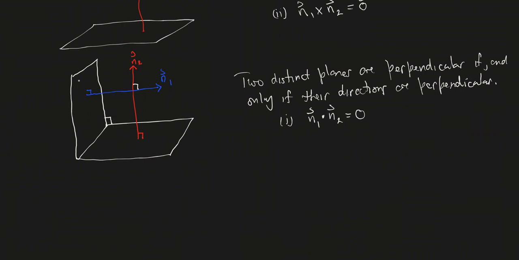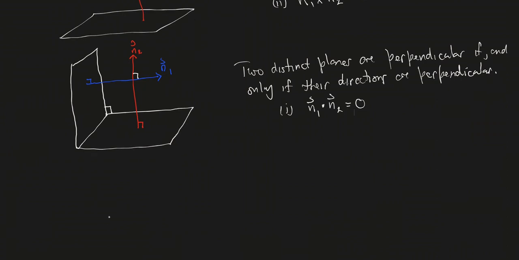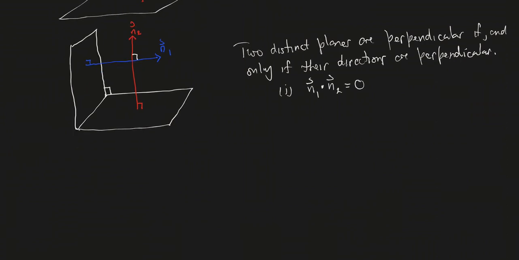So for instance, let's say I tilt this plane, which looks like our XZ plane. I'm going to keep this one basically like my floor, and let's say my wall for whatever reason now becomes tilted.